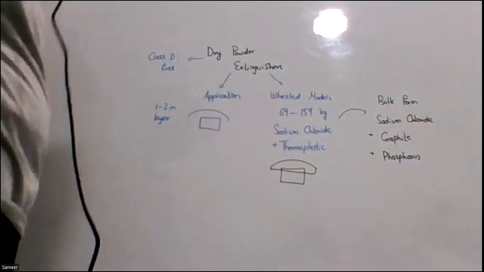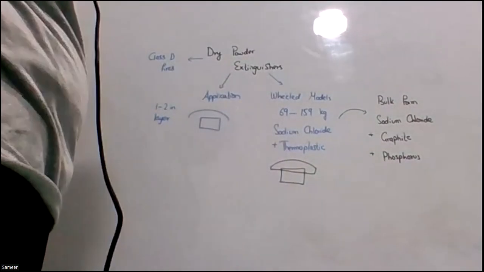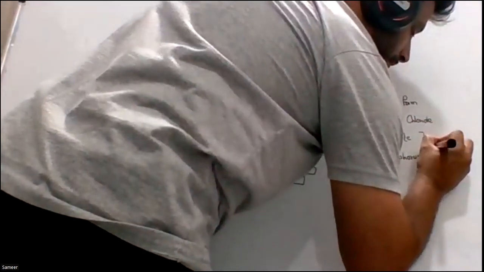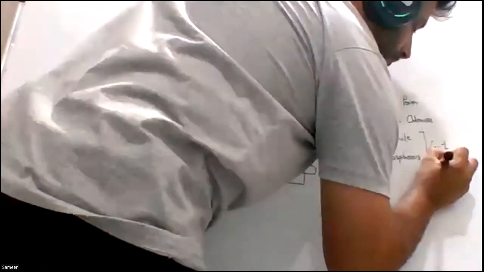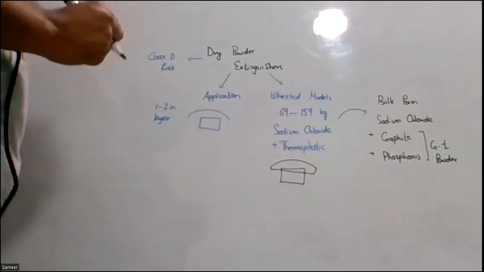This graphite and phosphorus are also known as G1 powder.